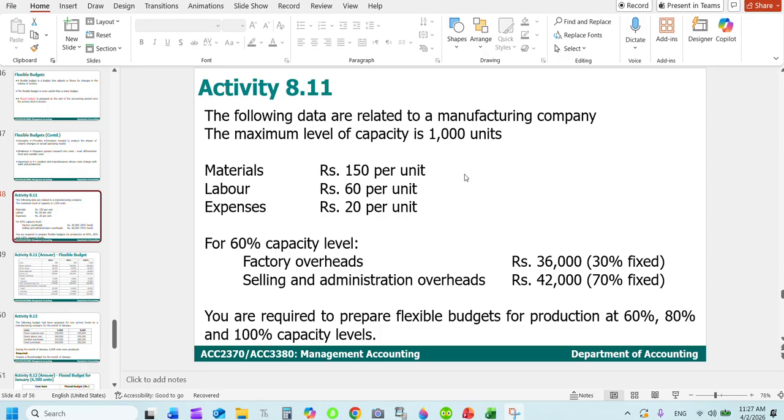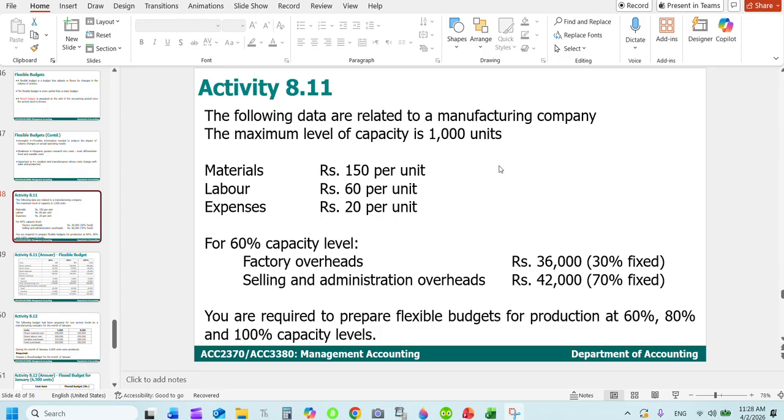So to overcome this issue, under flexible budgeting, we prepare budget numbers and figures for flexible output levels.